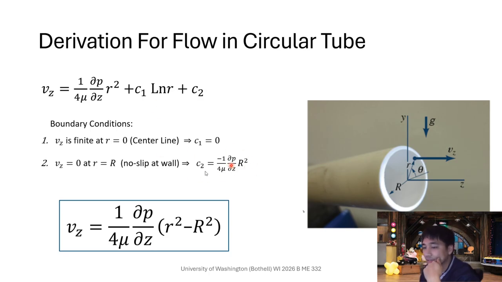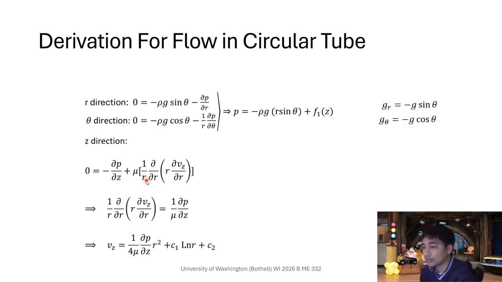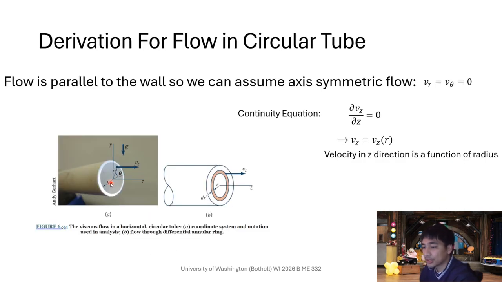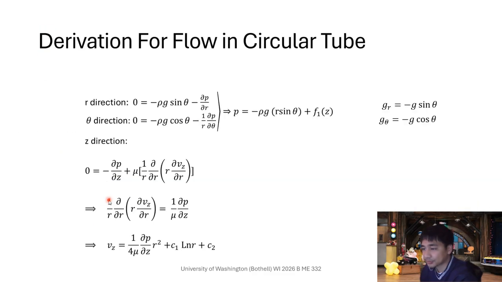C2 is right here. And for c2, the vz is equal to 0 at r equals capital R, right? If we go back to the picture, that just means the edges of the tube here, on the outer tube.